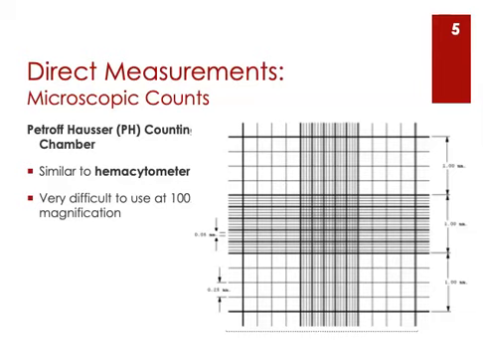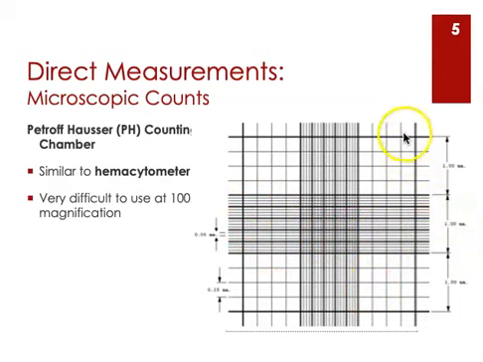So when you place the sample onto the microscope slide and put a cover slip over it, and then you look through the microscope, you're going to see the cells dispersed over this grid. The grid lines and the grid areas help us do a more accurate count of the cells.